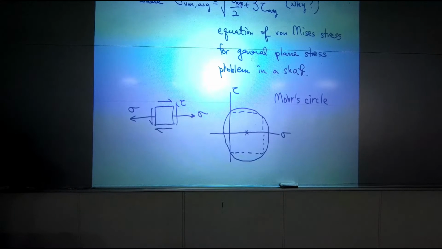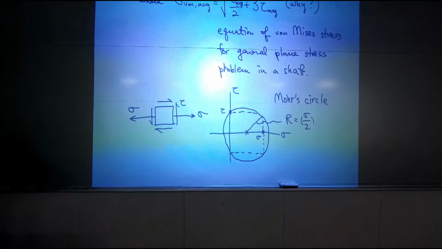Over here, this is your sigma, and over here, this is your tau. So the radius would be the square root of half of your sigma squared plus your tau squared. This is your radius.